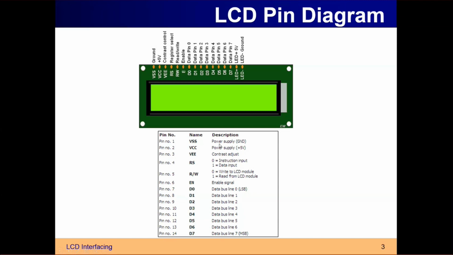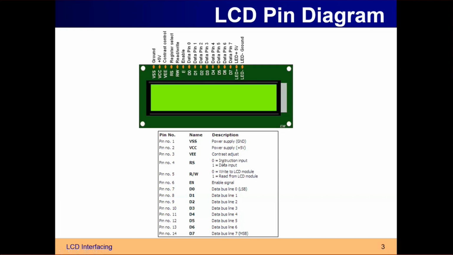Based on this register select pin. When this pin is connected to VCC, the controller inside the LCD identifies that you are going to send data. If it is 1, that means you are selecting data. If it is 0, then you are telling the controller inside the LCD that you are going to send a command.